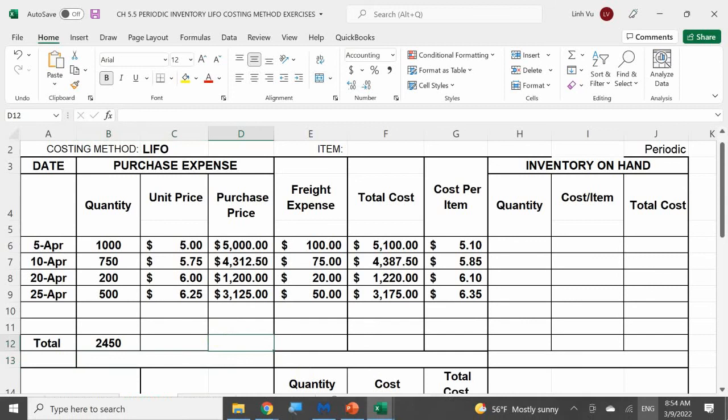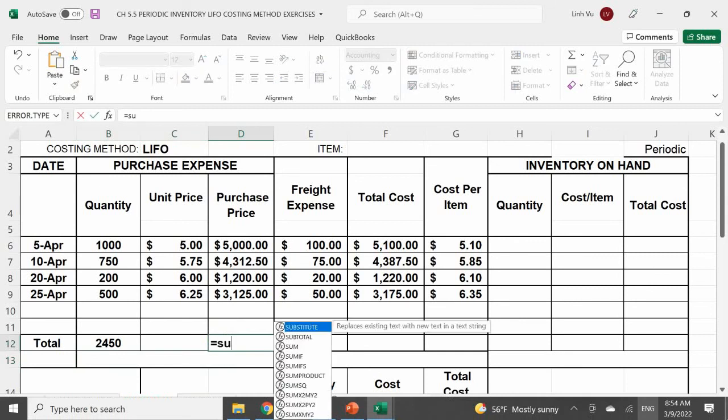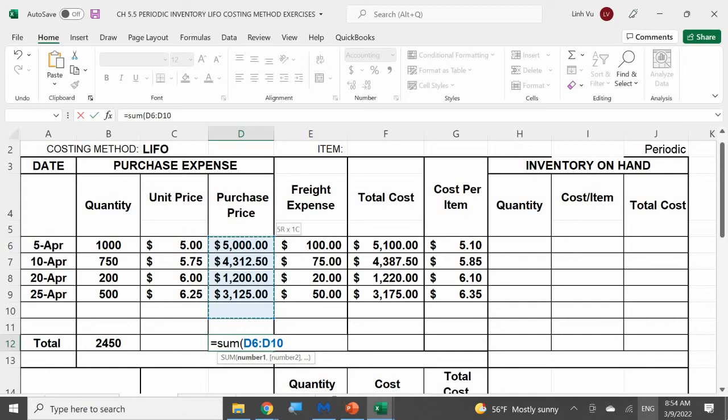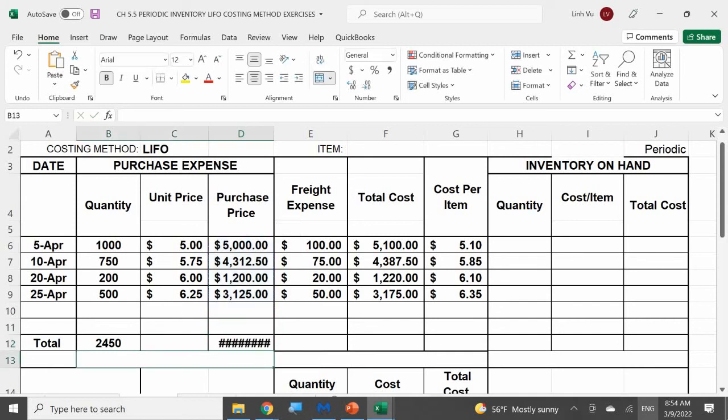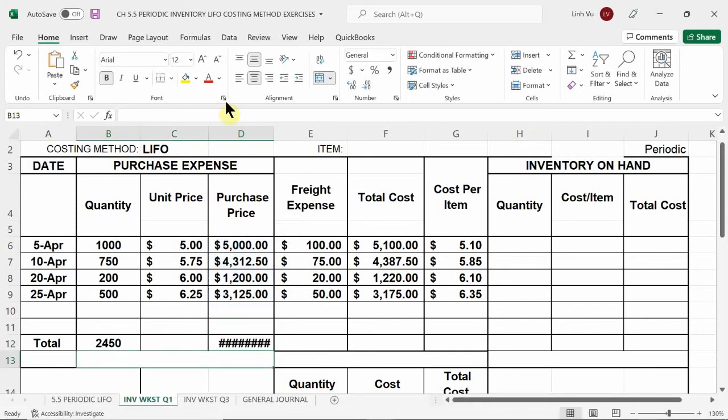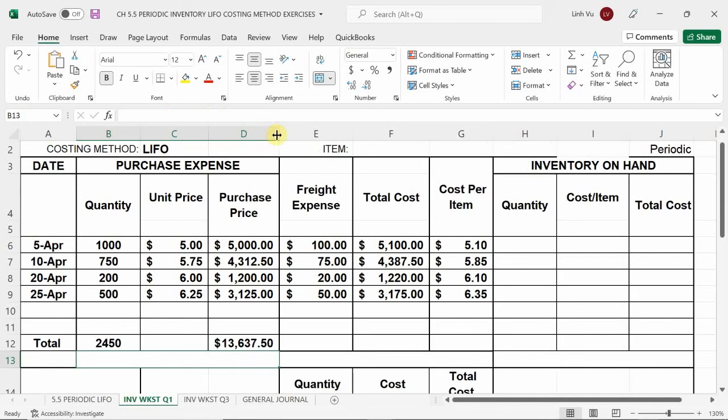What's my total purchase price? Okay. My total freight? $245. And last but not least, what is my total cost?